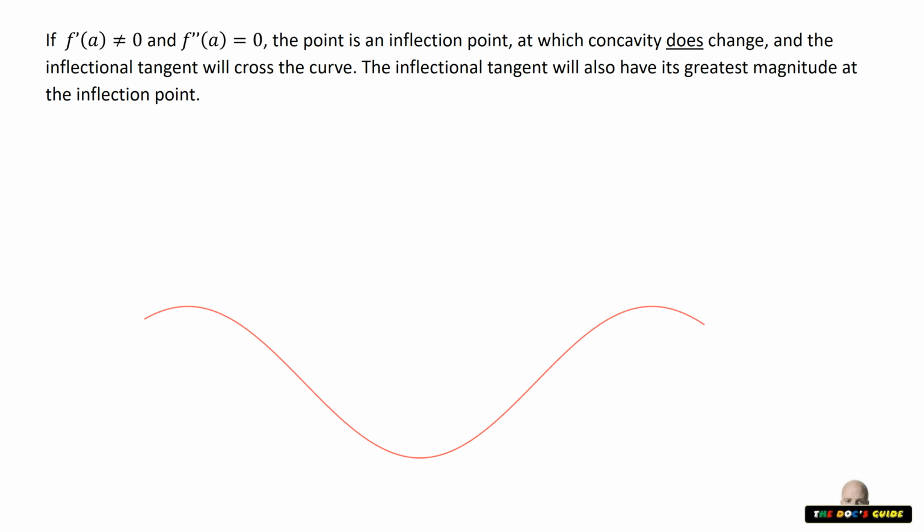On this curve here, we can see that at some stage the curve switches from being concave down to concave up and back to concave down, and that point is somewhere in here, which is definitely not a stationary point, but it is a point of concavity changing. So it's an inflection point, but it's not a stationary inflection point.